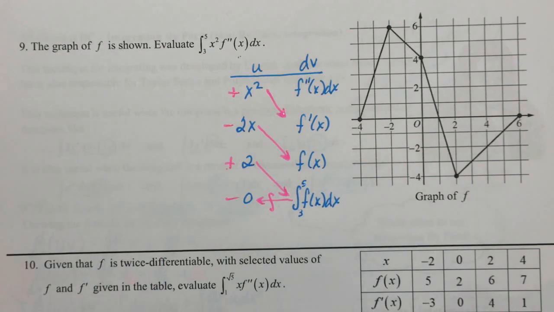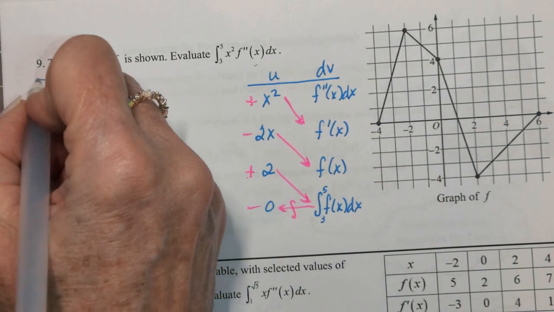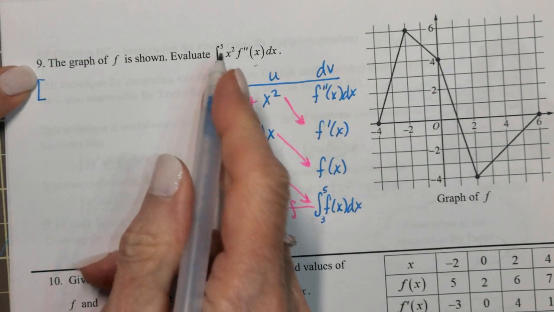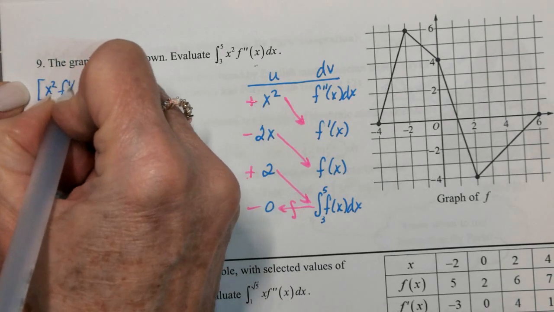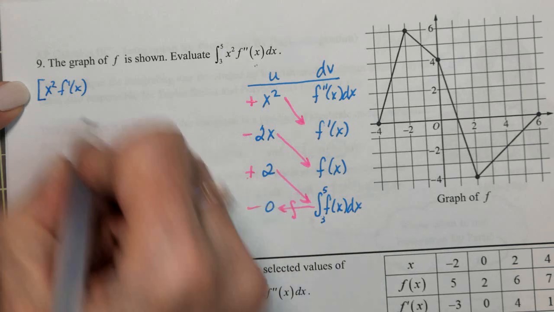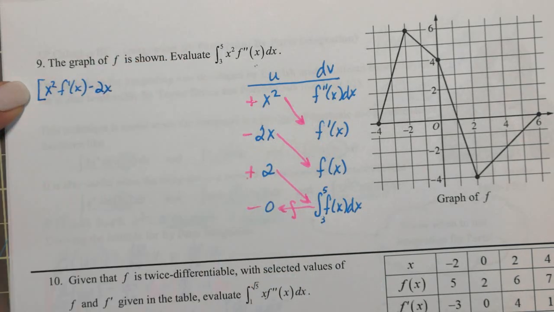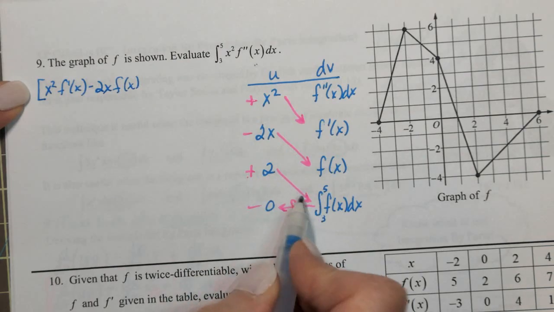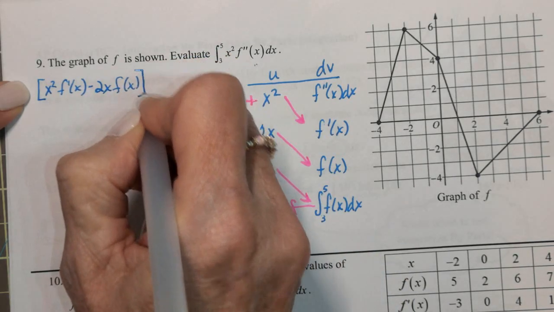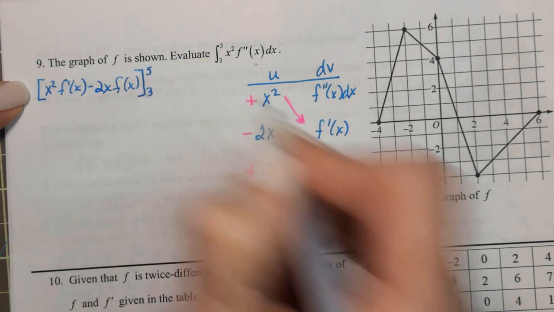So I'm going to start with my brackets for my boundaries. So x squared f prime of x minus 2x f of x. My next one is going to be with the integral. So I'm going to close my bracket here, 3 to 5.